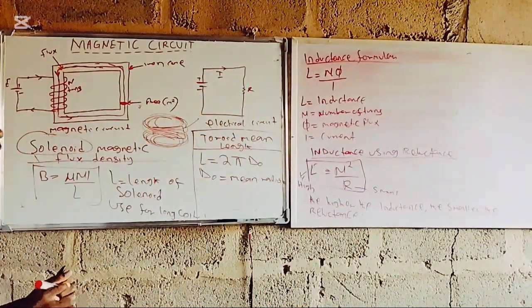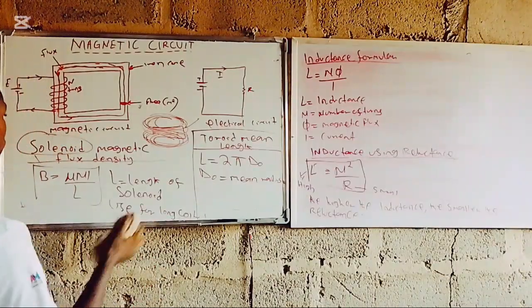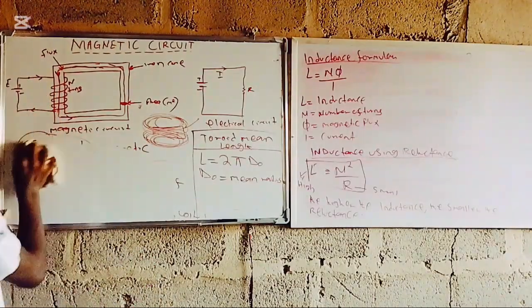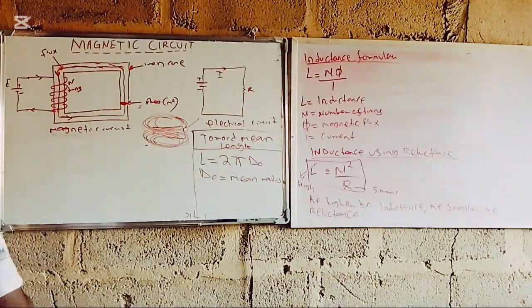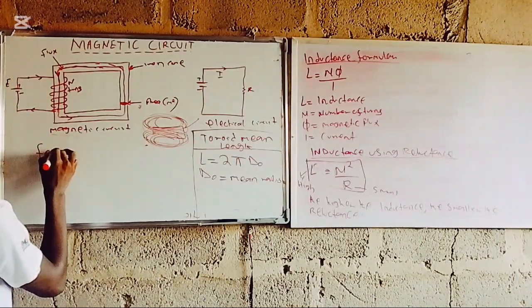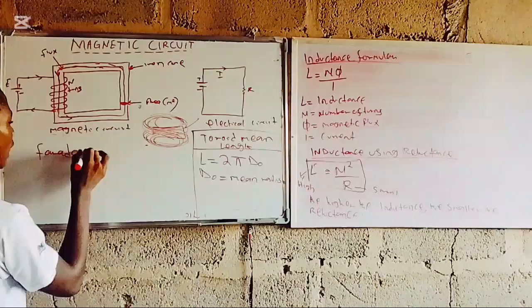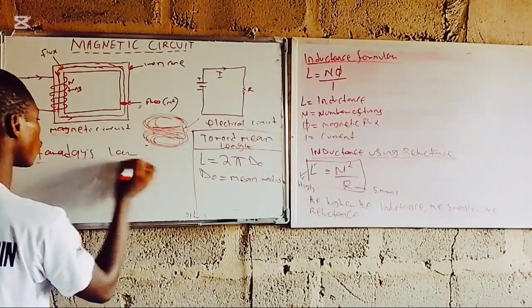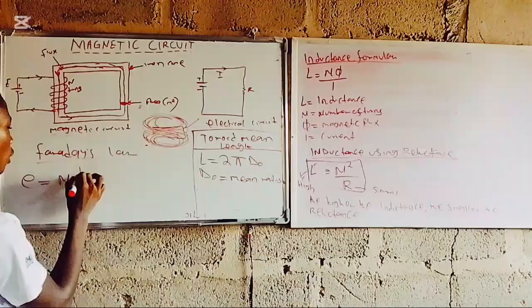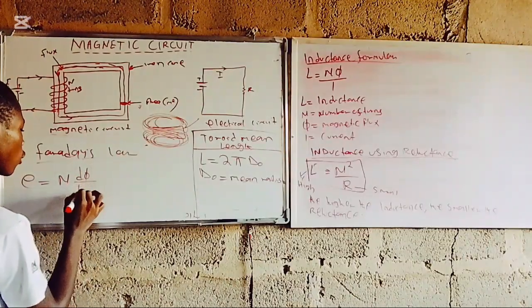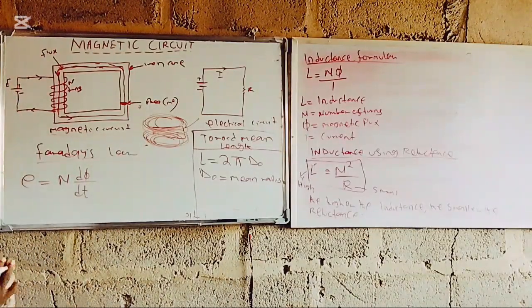So we have Faraday's law, which says that the EMF equals the number of turns times the change in magnetic flux over the change in t.